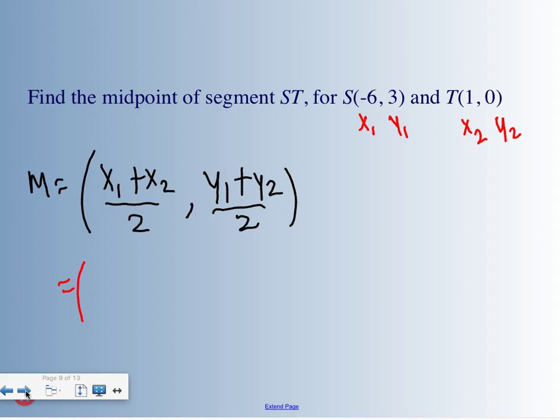What is my x1? -6. What's my x2? 1. Yep. So we're going to add those together. Divide by 2. What's my y1? 3. What's my y2? 0 all over 2. Then we just simplify.